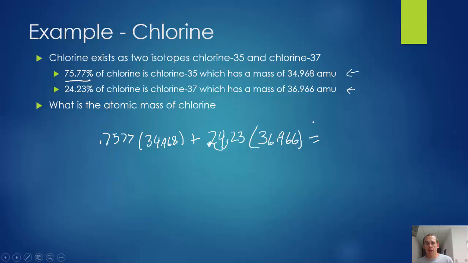If we do the math on that, then we'll have the actual atomic mass printed on the periodic table for chlorine. It gets us 35.452 AMU, atomic mass units. That's the number that's printed on the periodic table, 35.45 atomic mass units. That's the average mass of a chlorine atom when we measure it in AMU.